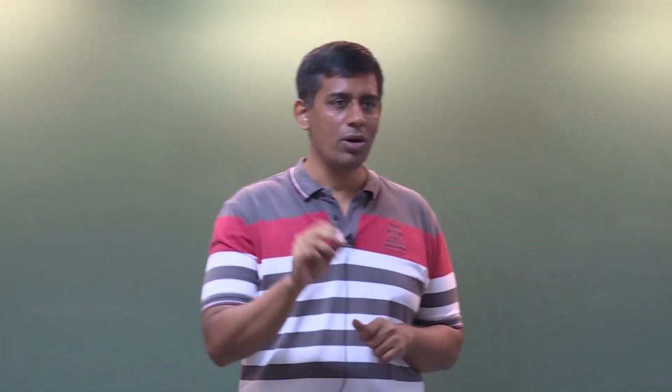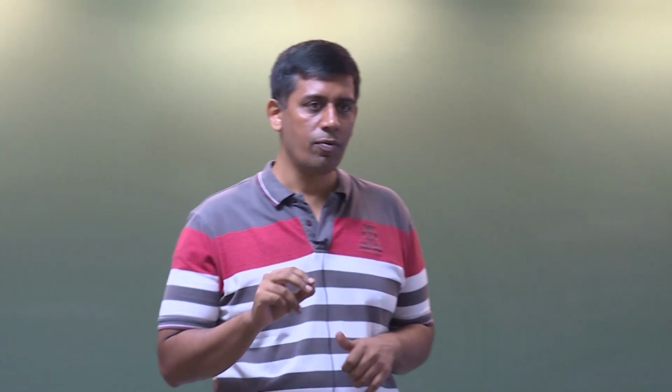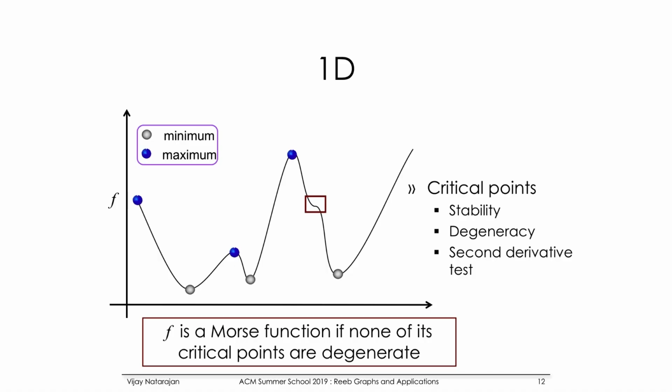We care only about critical points for the purpose of this topic. So what are critical points? You may have seen them as singular points, or singularities also. They are where the gradient is 0, and you know how to compute them. But let's try to understand them in a more intuitive sense.